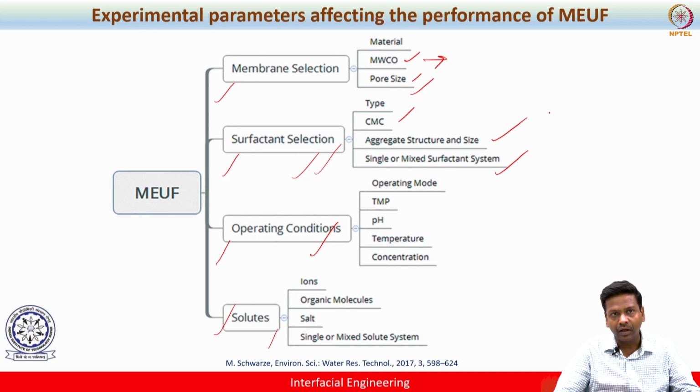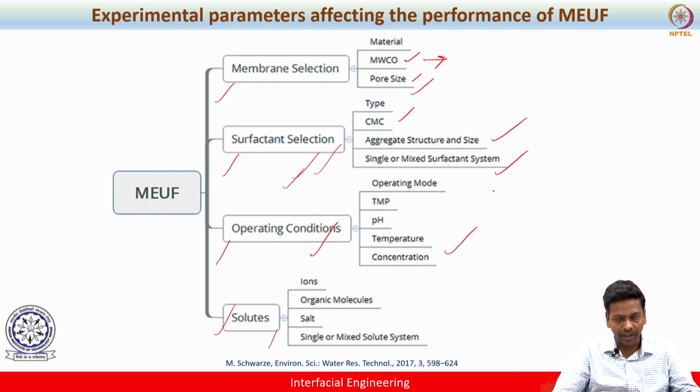Sometimes using a co-surfactant will be economical because the efficiency of the process may be better with a mixed surfactant system. So these are various guidelines for choosing the surfactant solution.